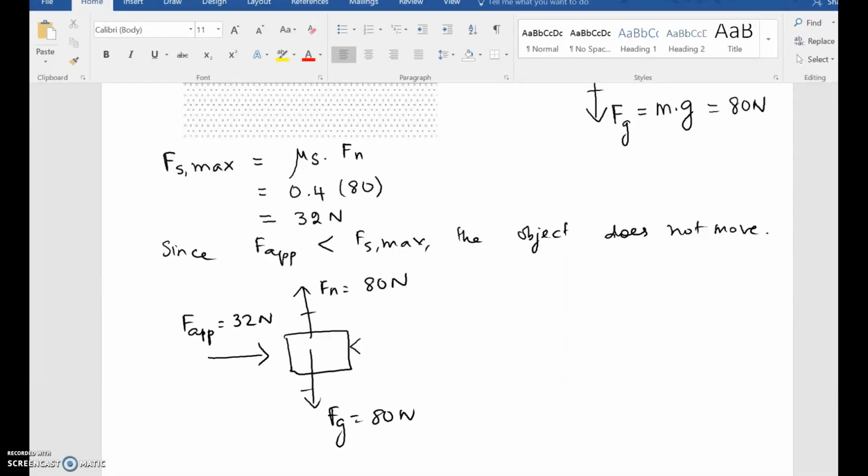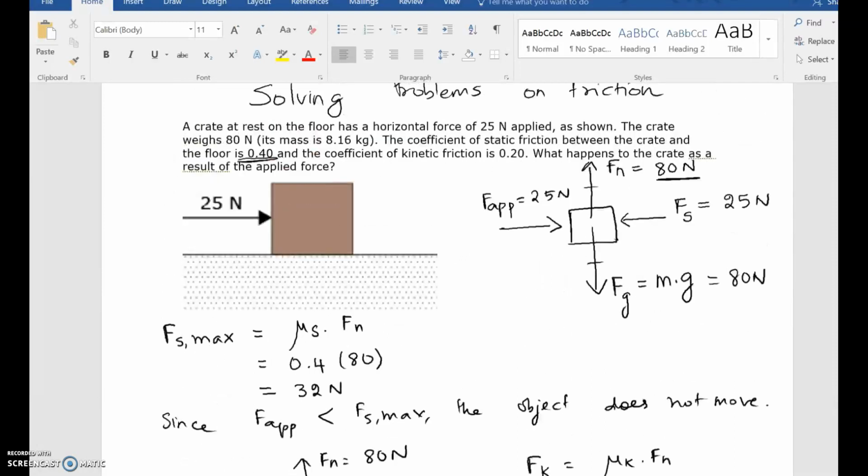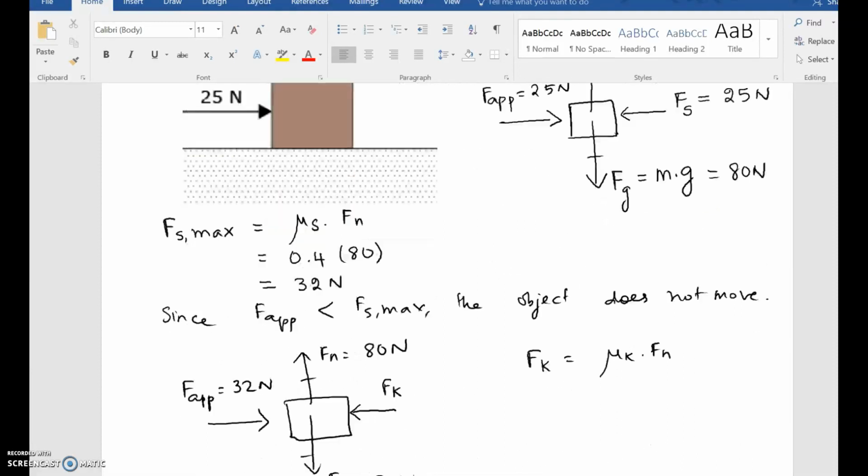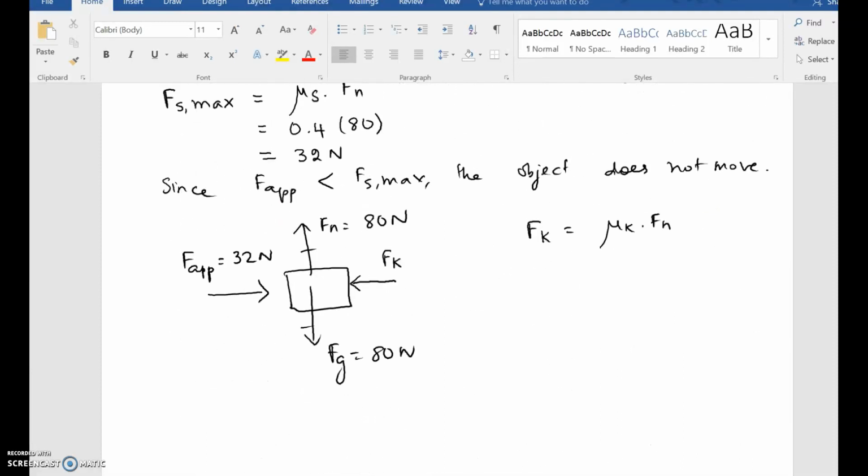And once it is moving, your friction is no longer going to stay the same. It now becomes your kinetic friction, which we have to recalculate. Fk is mu k times Fn. The problem says the coefficient of kinetic friction is 0.2. So your kinetic friction Fk is 0.2 times 80, which is 16 newtons.